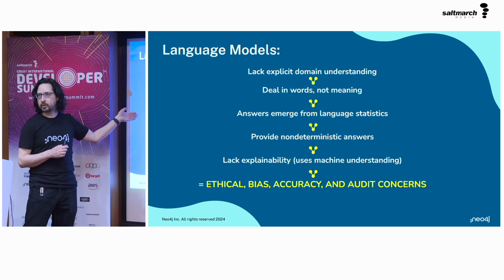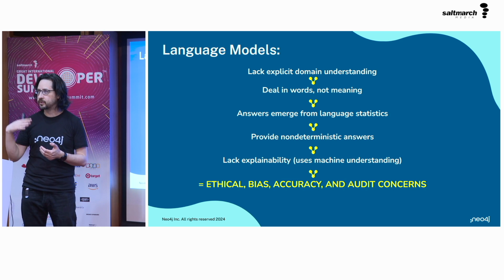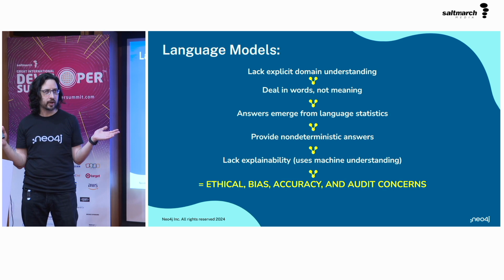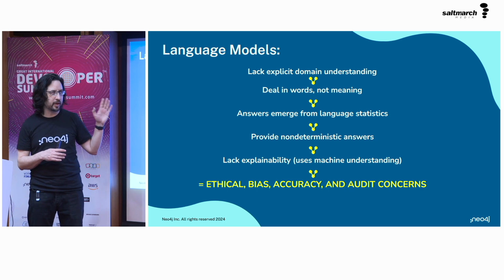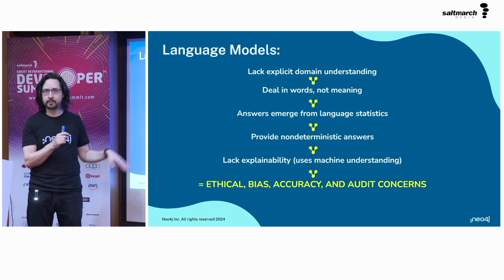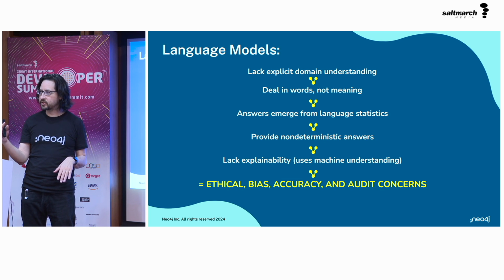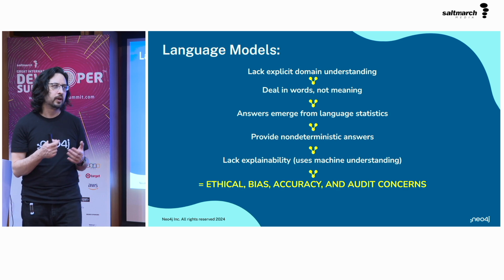They provide non-deterministic answers. If you ask the same question to ChatGPT multiple times, it will always give you a new answer, right? And so it's kind of like we talked about, they have no memory, like the Men in Black example of losing your memory. That's exactly what happens to LLMs. Every time you ask them a question, they have zero context about previous questions.